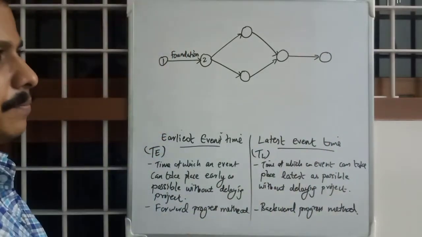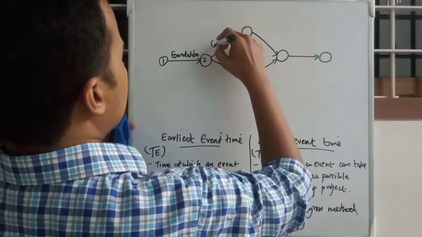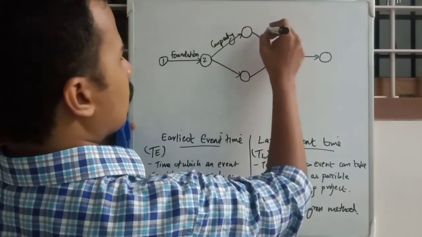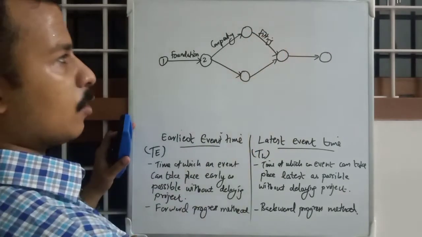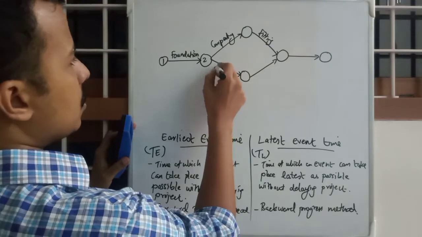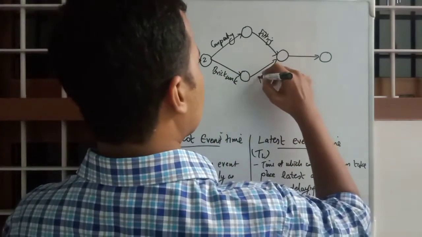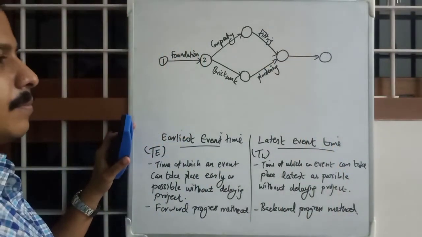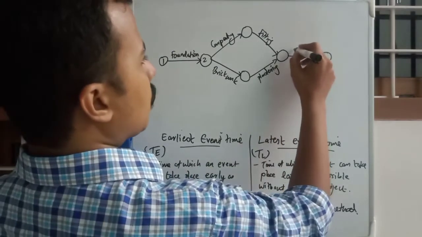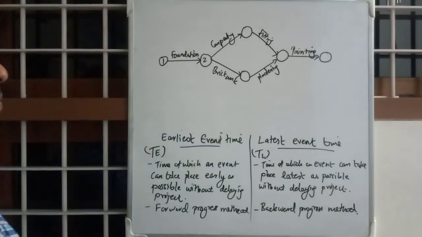This is in the network diagram. I hope it's clear. Foundation. This will be carpentry. This will be fitting of carpentry. This is brickwork, and this is plastering. And the last one is painting.